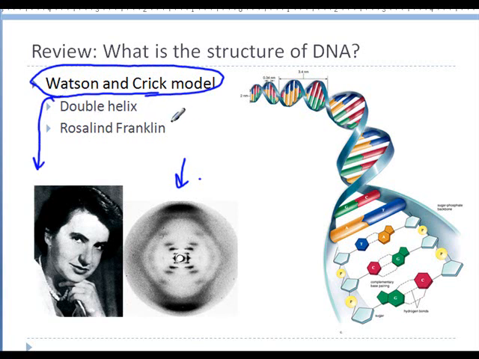So Rosalind Franklin had given the X-ray images, which helped Watson and Crick, and they also used information from Chargaff. So there were many different scientists putting in data, which was all put together by Watson and Crick. They knew that DNA is a polymer of nucleotides, but they did not know how the nucleotides were arranged within the molecule.